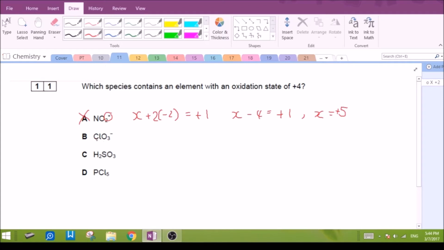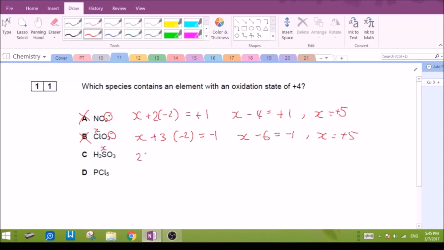Chlorine will be assigned X. We have 3 oxygen, each one is -2, and then the sum of the oxidation numbers will be equal to -1. So solving for X again, chlorine in this compound is +5. Sulfurous acid, assigning X to the sulfur.